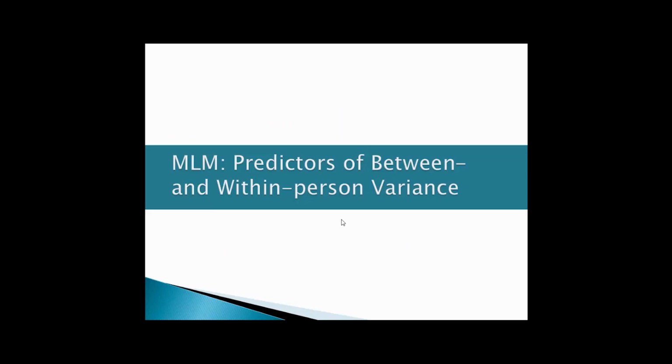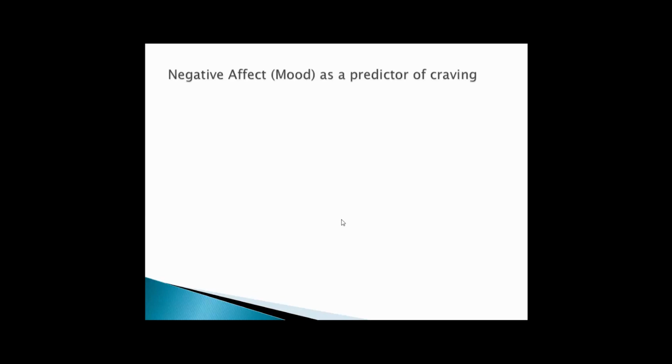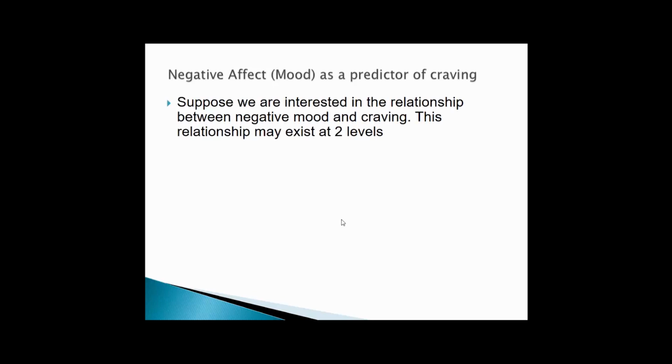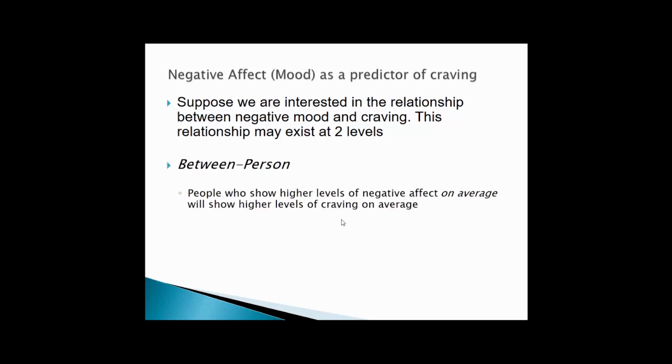Now that we know a little bit about the variance at the between and within person levels, we're going to go in and try to predict it. So let's think about negative mood as a predictor of craving. We might be interested in that relationship, and if we really think about it, we could convince ourselves, I think rightly so, that the relationship might exist at two levels.